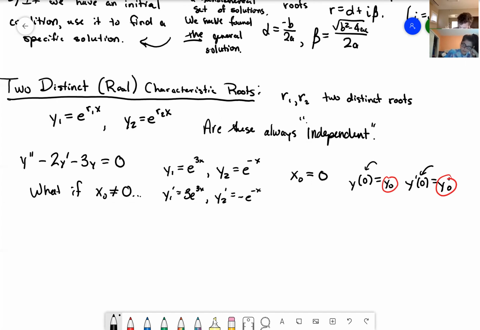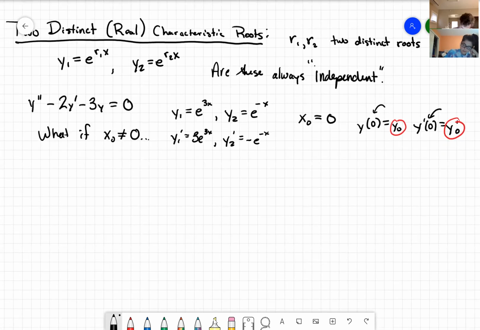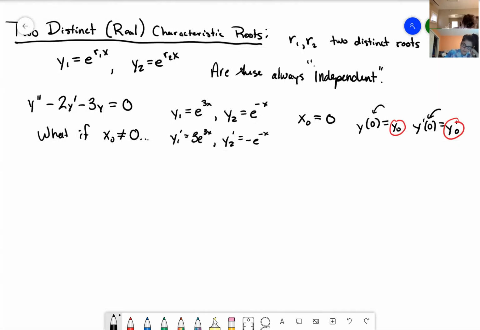Actually, let's consider this just in generality right now. Let's just look at y1 equal to e to the r1x, y2 equal to e to the r2x. And then we'll get their derivatives. So y1 prime is r1 e to the r1x, and y2 prime is r2 e to the r2x.